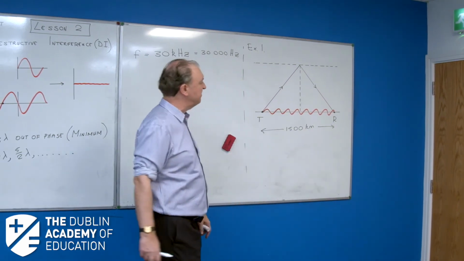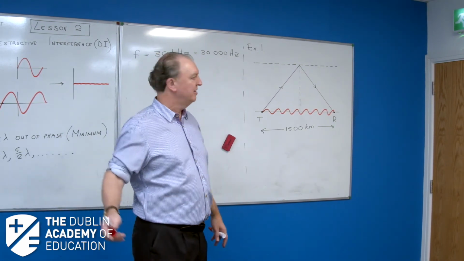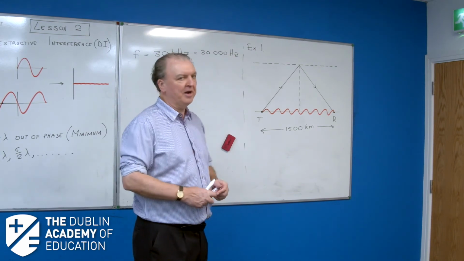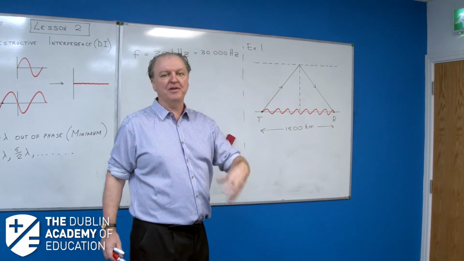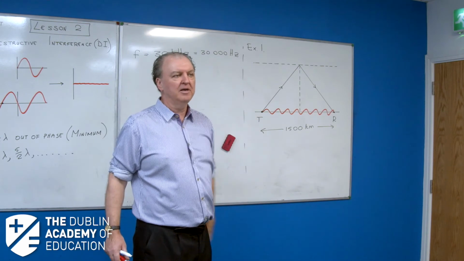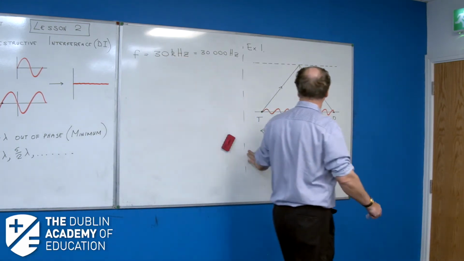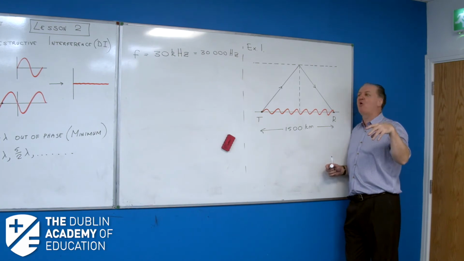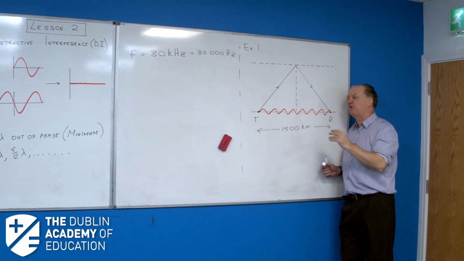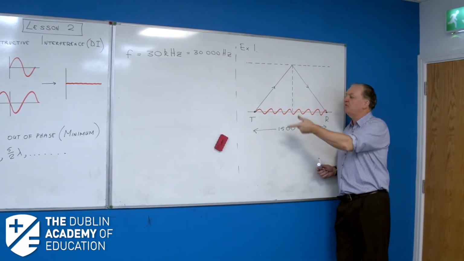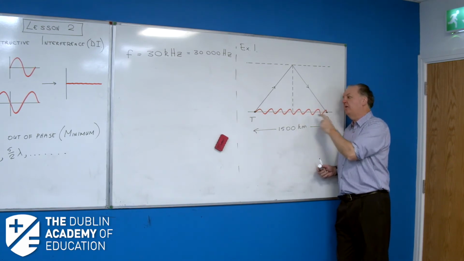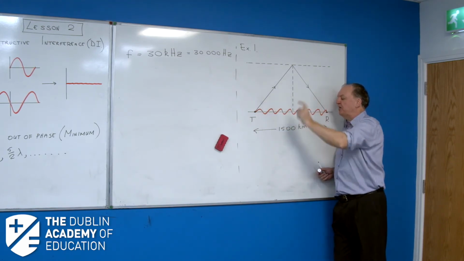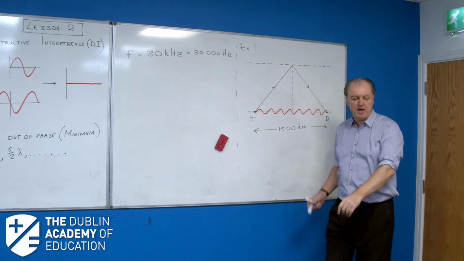Radio waves, they're not dangerous at all. They're very, very weak. That's why you're going to need aerials to pick them up and then to amplify them so you can actually hear what's going on. They have very, very long wavelengths, so they can actually leap over mountains. They can go around the curvature of the earth a little bit. So there's one way the receiver can receive the signal from the transmitter 1,500 kilometers away.